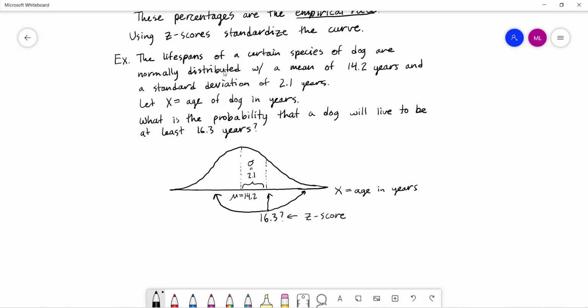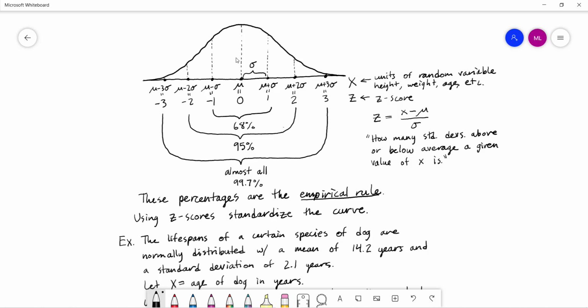But we don't need a separate table for every single one of them because, instead of dealing with all of these values, which again could represent a height or a weight or an age of a cat or a dog or a tree or a person, if I just convert everything to z-scores, then it's standardized, and the center is always 0, and one standard deviation above it is always 1, and over here it's always 2, and over here it's always 3, and this is always -1 and -2 and -3.